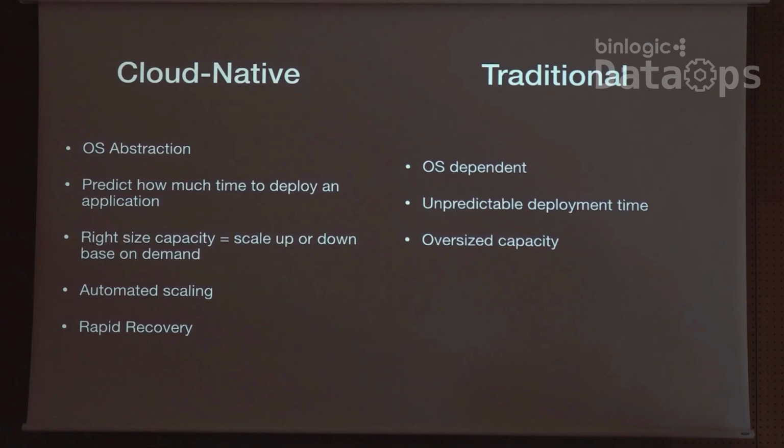You have oversized capacity because you have to estimate for the worst, the biggest impact on your infrastructure from demand by customers, clients and end users. You have manual scaling.